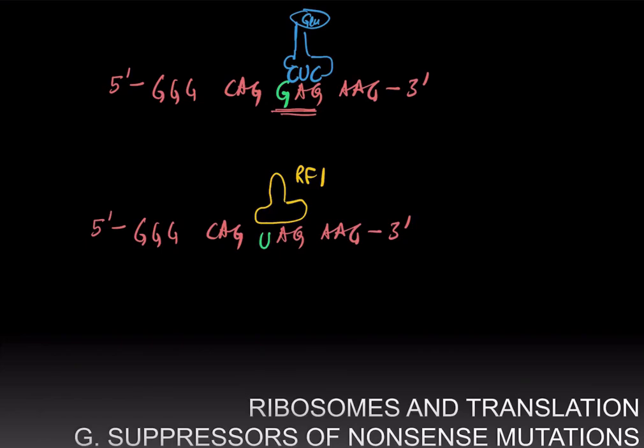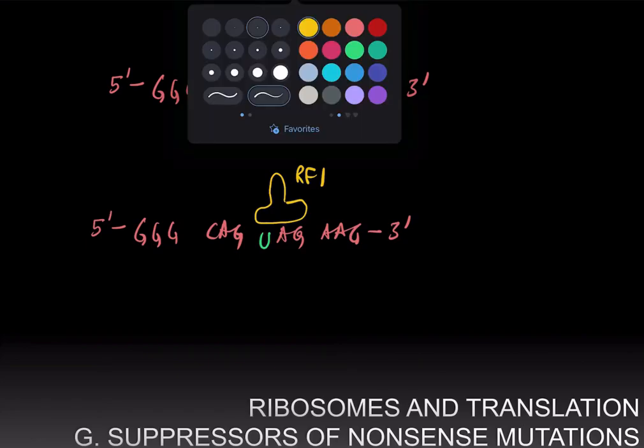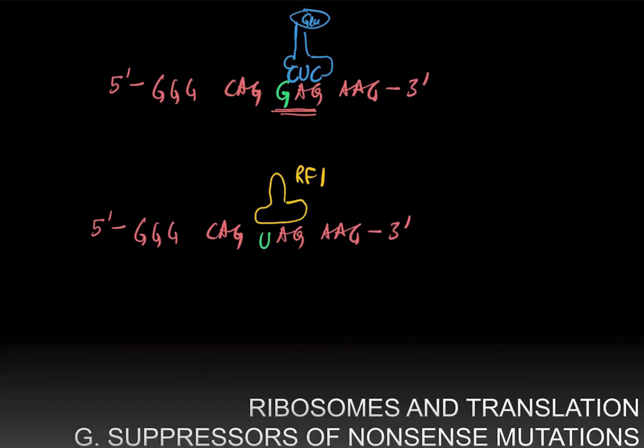However, if there is a mutant glutamate tRNA, where in the anticodon loop, instead of having CUC, we have AUC.